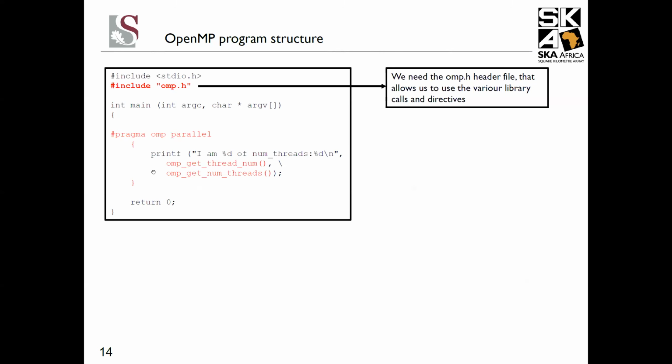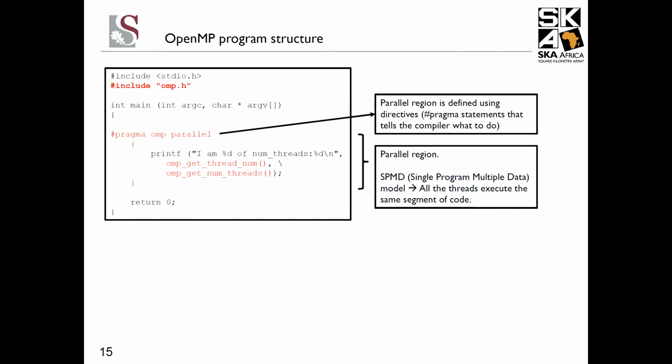Okay, so just to recap about that program, we need this omp.h header file so that we can get access to the OpenMP runtime library and also some of the directives. We can create our parallel region using these pragma statements, which tell the compiler what we are going to do. And then inside of the parallel region, we follow what we call the single program multiple data model.